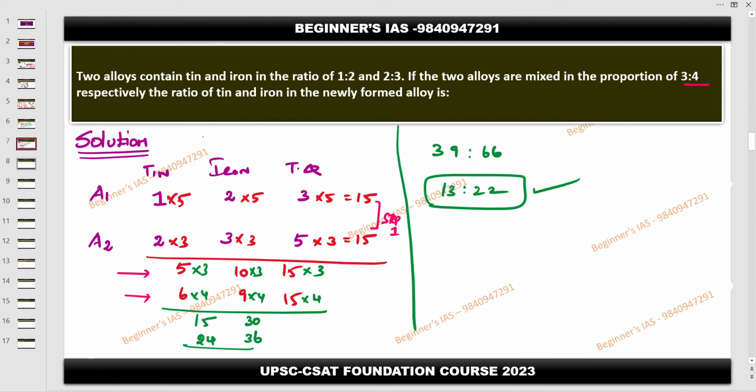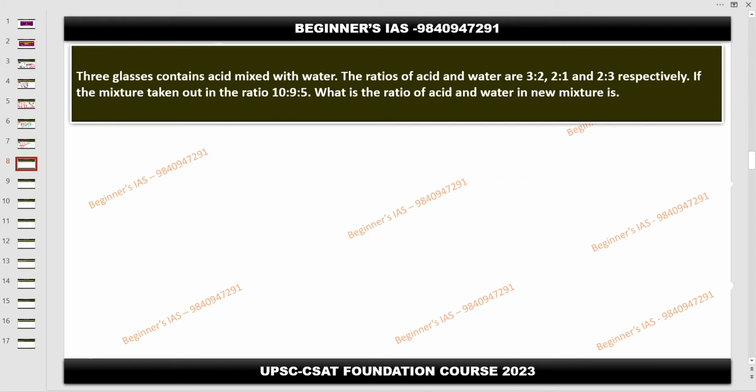Fine. Okay. Next one. So now, 3 glasses contain acid mixed with water. The ratios of acid and water are 3:2, 2:1 and 2:3 respectively. If the mixtures are taken out in the ratio 10:9:5, what is the ratio of acid and water in the new mixture?